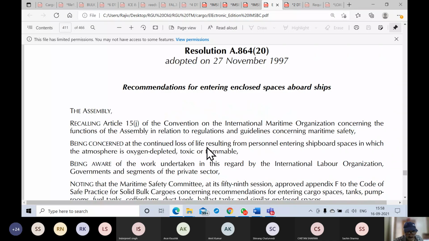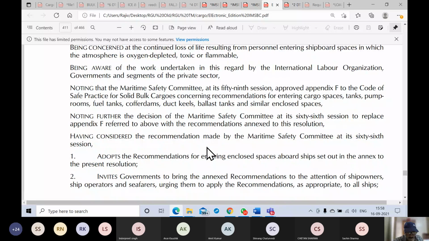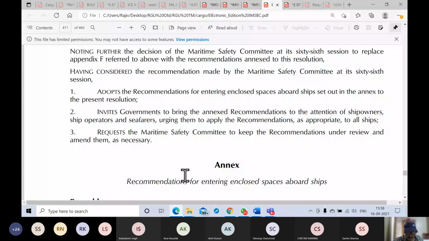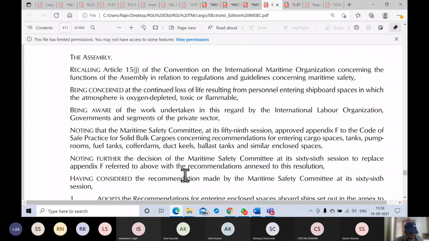First of all, this was done because, apart from the fact we were talking of liquefaction of cargo, this is also a concern, because a lot of accidents are taking place because entry into enclosed space is not being made properly.